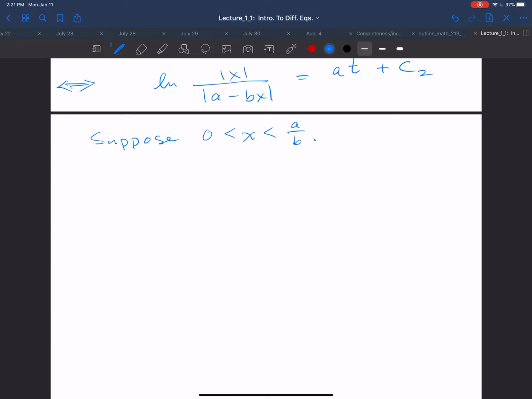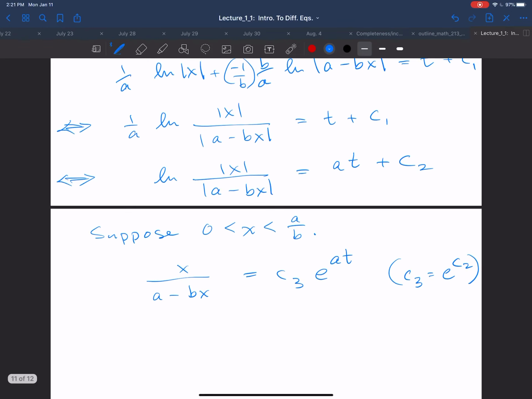So using exponentiation, we get that x over a minus bx equals some third constant, say c3, times e to the at. So in this case, our c3 is just e to the power c2. And again, this c2 was just a times c1.